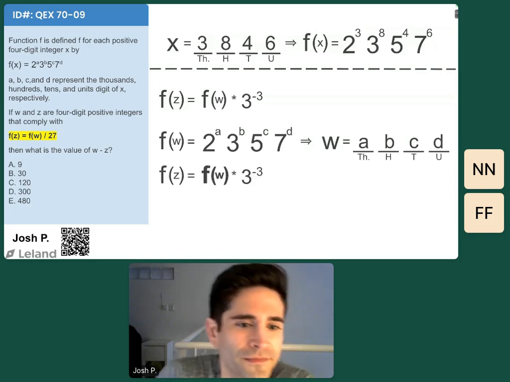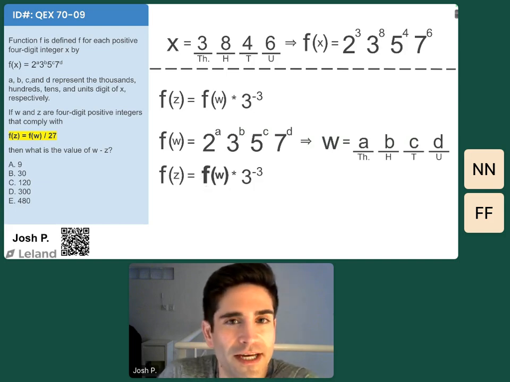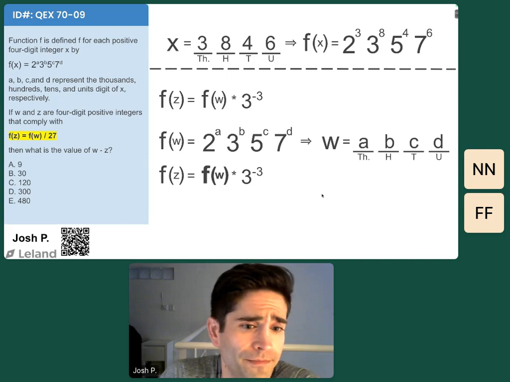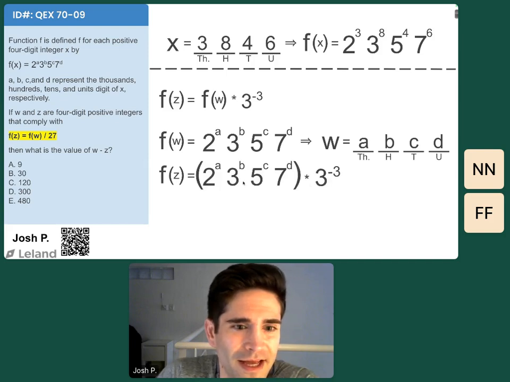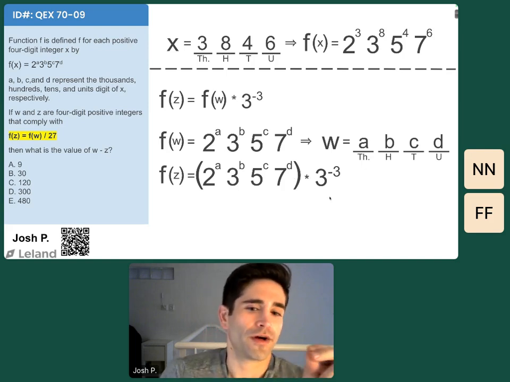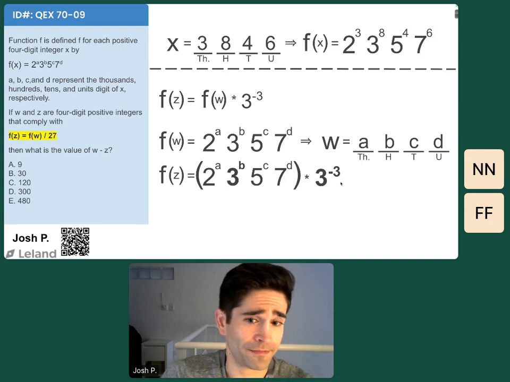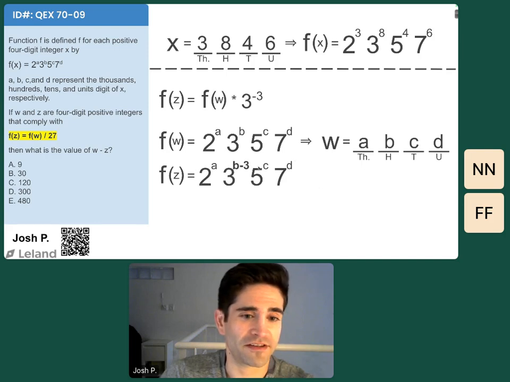Function z is function w times 3 to the minus 3. And we know function w is 2 to the a times 3 to the b times 5 to the c times 7 to the d times 3 to the minus 3. We know we have 3 to the b. So when we have 3 to the b times 3 to the minus 3, it's essentially b minus 3.